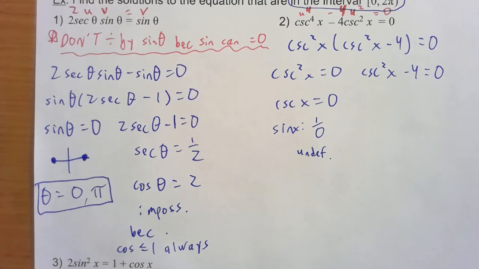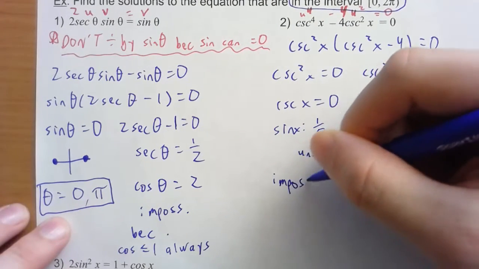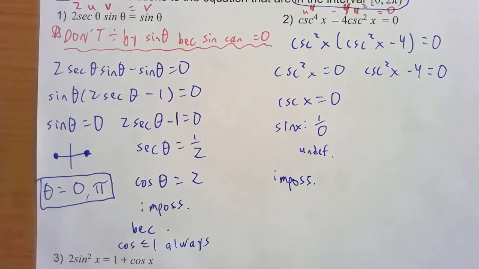Sine is the y-coordinate on the unit circle. The circle doesn't have any undefined y-coordinates, okay? Sine and cosine are never undefined. The only ones that would be are tangent, or cotangent, or cosecant or secant, some of the reciprocal ones. But out of sine, cosine, and tangent, tangent's the only one that could be undefined. Sine would never be undefined.